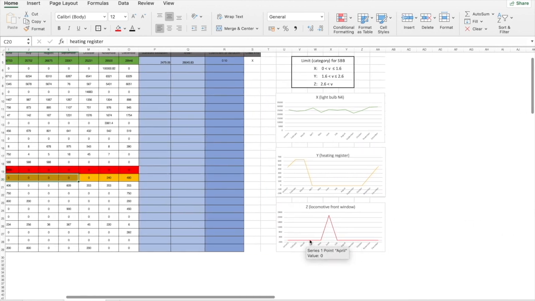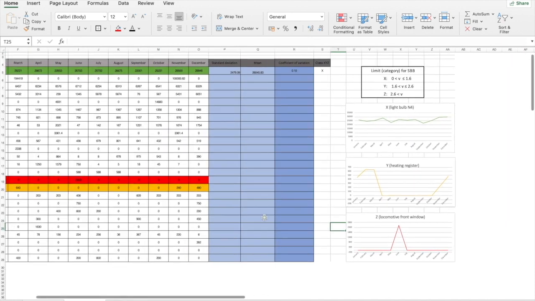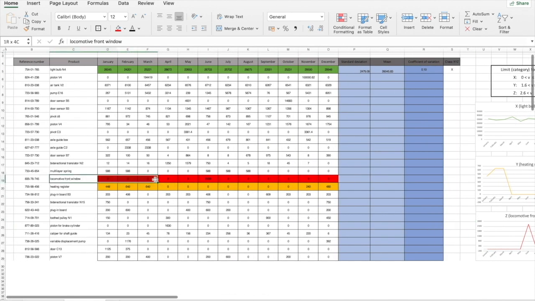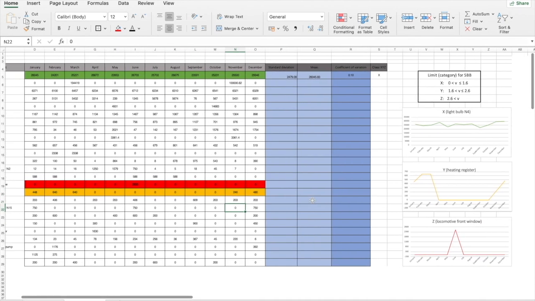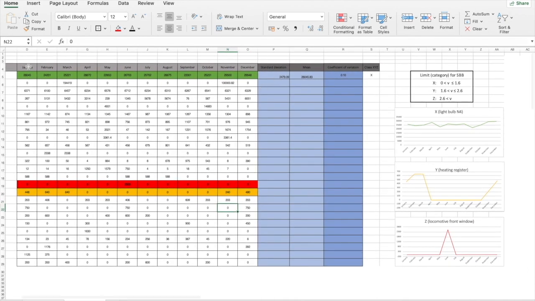The Z items have the most variation. Demand for Z items can fluctuate strongly or occur sporadically and are very difficult to predict, like a train's front window. For XYZ analysis to work, it's vital to understand and apply an appropriate time span for assessing demand volatility.